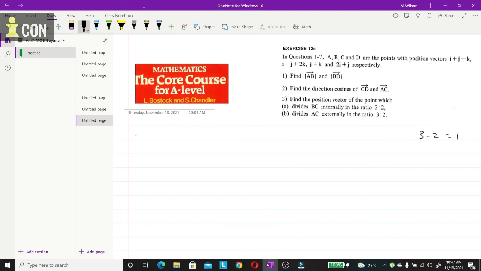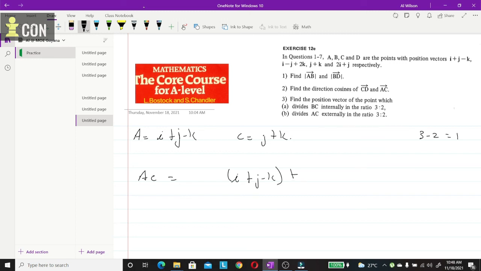So let's go again. So AC, where A is equal to I plus J minus K, and C is equal to J plus K. What we're going to do is what I did before. I'm going to have AC, and this is equal to I plus J minus K, which I'm going to put in brackets.